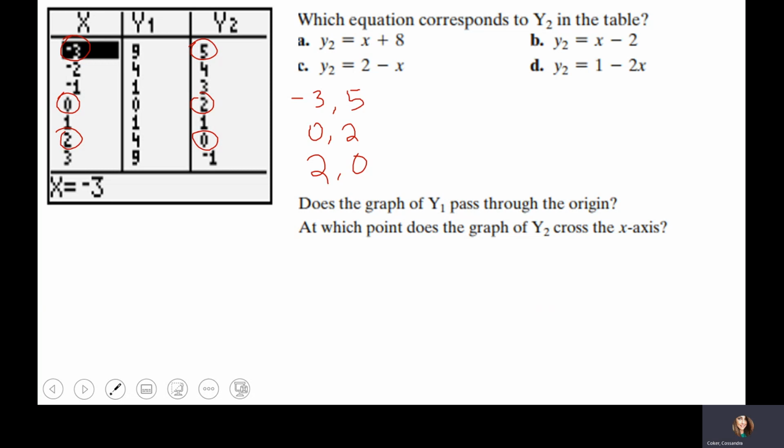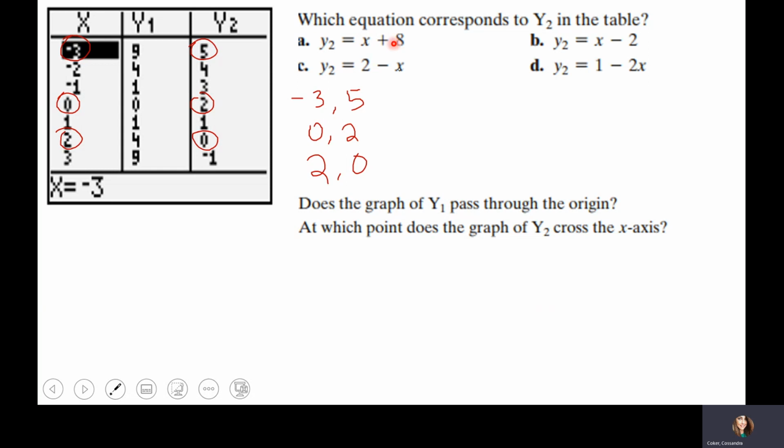All right, let's just go through. In part A, it states if I've got x, which in this case would be -3, and I add 8, I do indeed get 5. But let's look at the second pair. Of course, if I take 0 and plug in for x, add 8, I do not get 2.